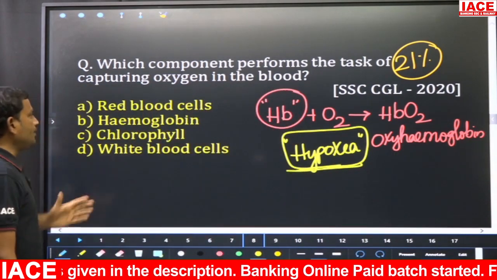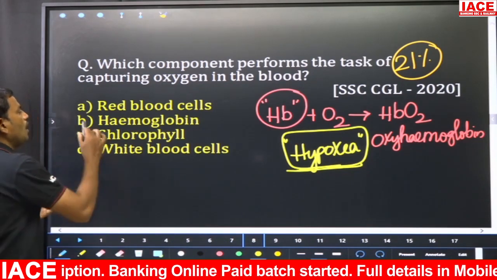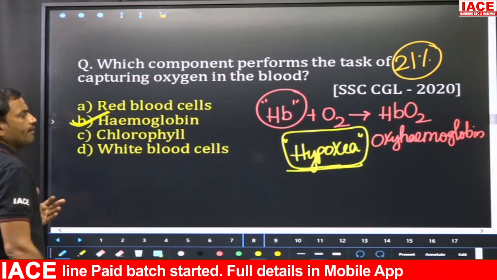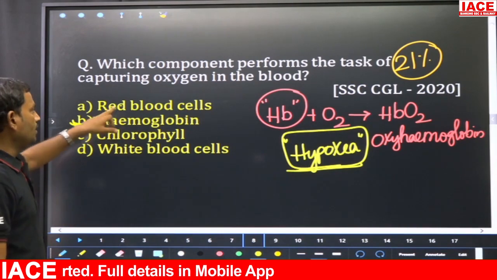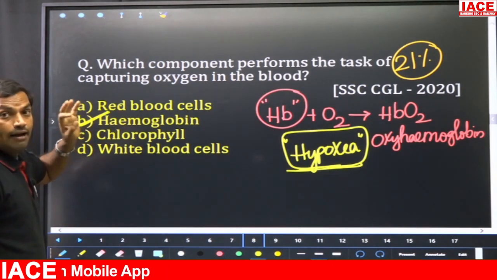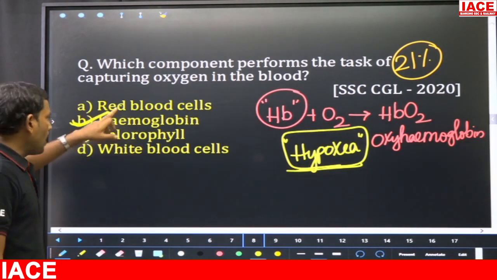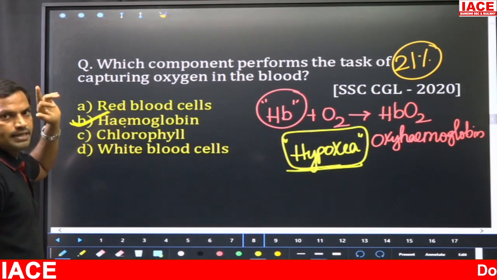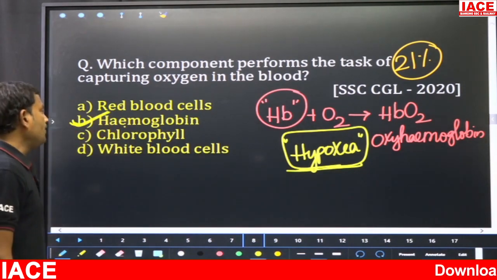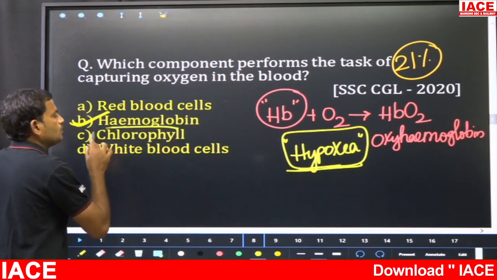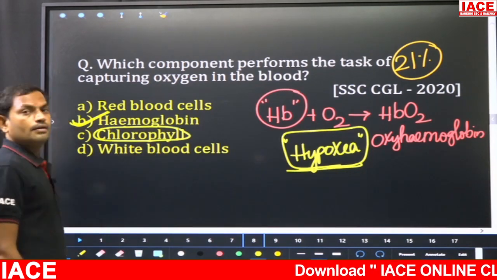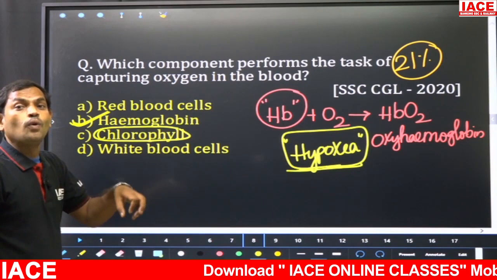Right? Now if you take the options here, option B, hemoglobin is the right answer for this question. Clear? And this hemoglobin is present on the red blood cells. If hemoglobin is not there, you have to choose red blood cells. Then if we come to C, chlorophyll, this chlorophyll is a green colored pigment present in chloroplast.